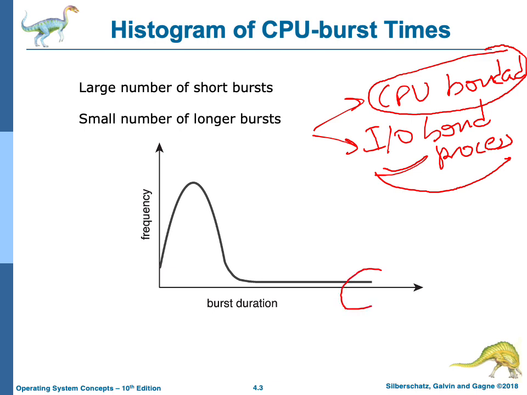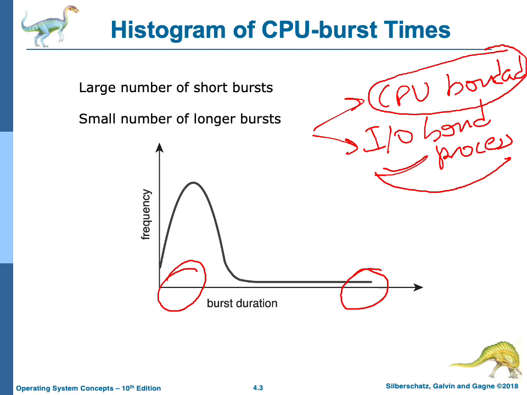And so some processes would have long burst time, right? That's in this area right here, but the frequency would be really low. So these processes tend to require to stay running on the CPU for extended time periods, so they don't have frequent requests. Whereas I/O bound processes do not have long burst times.